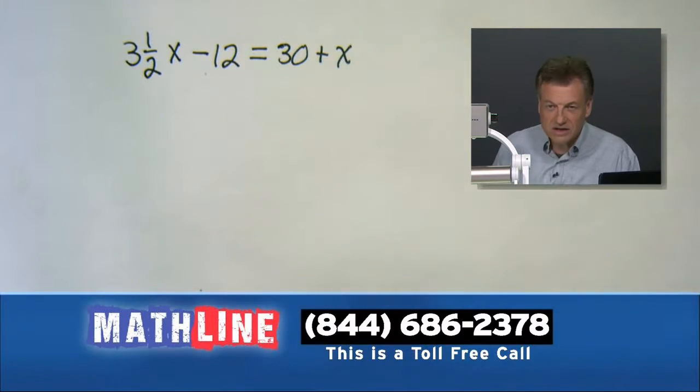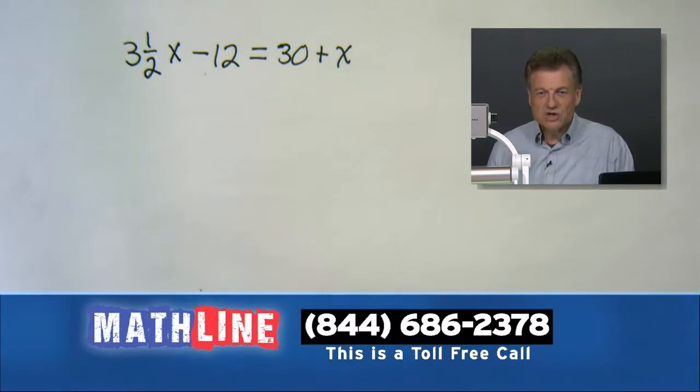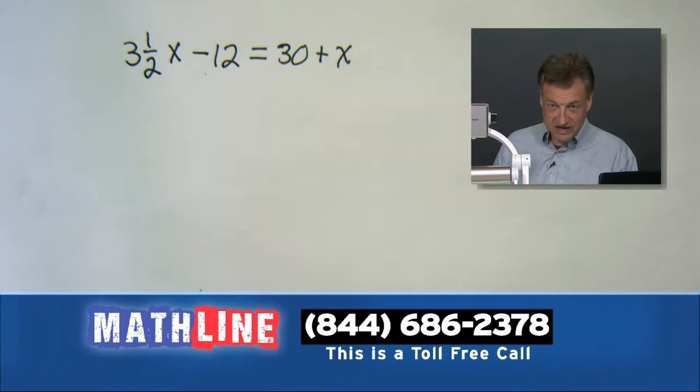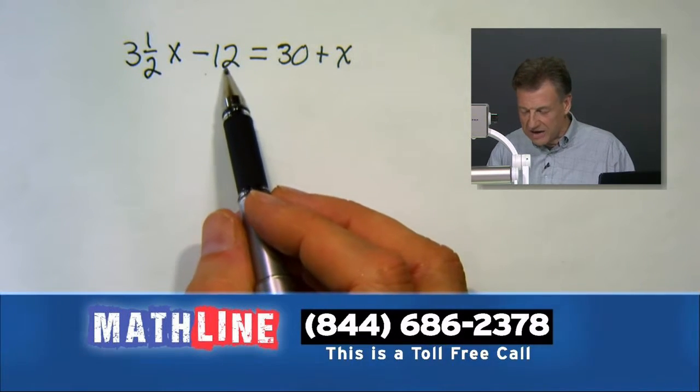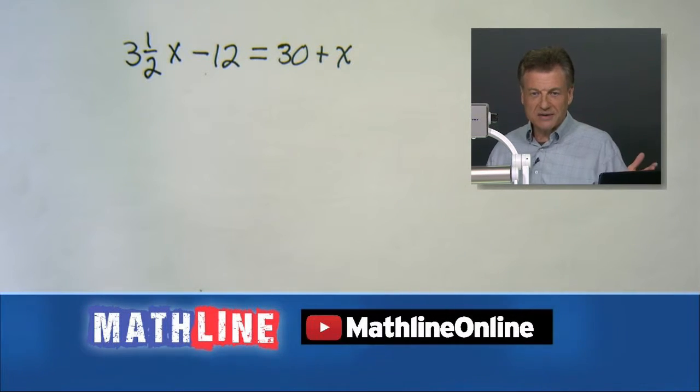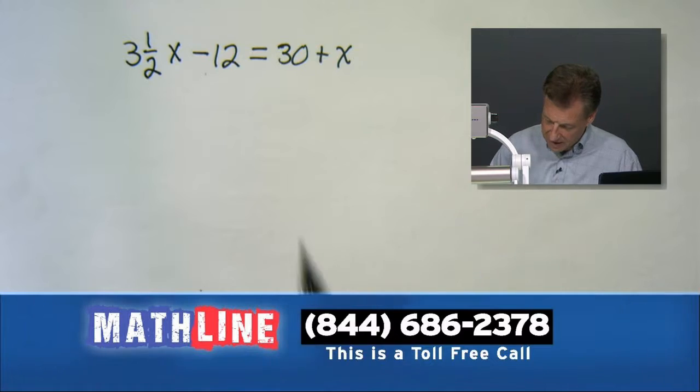Okay, good old linear equation going on here. So what we're going to do in looking at this is, if you'll notice, we've got variable on both sides, and we need to move some things around. You with me so far on what we got? Everything looks right? Yes.